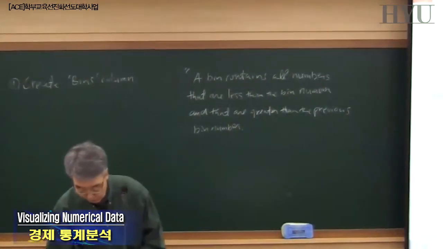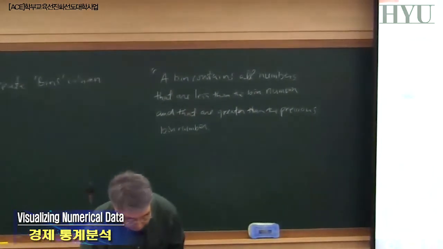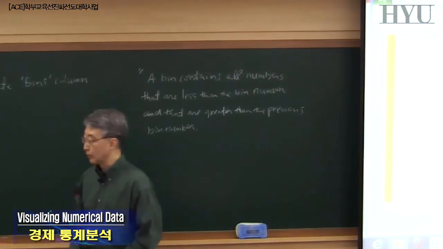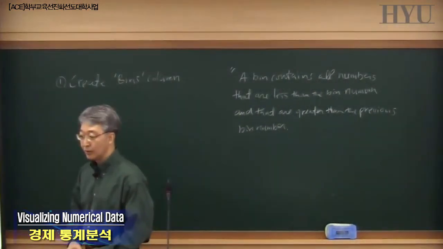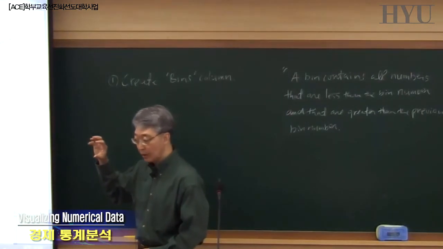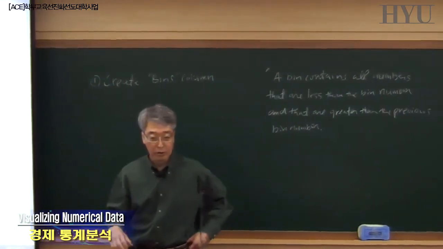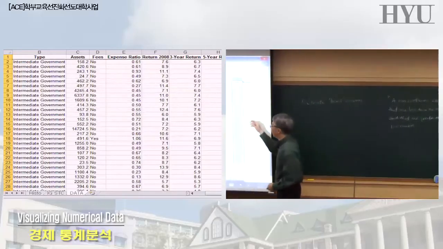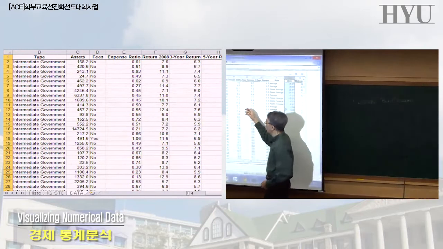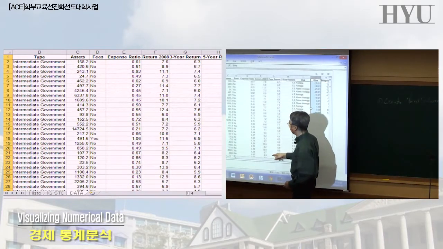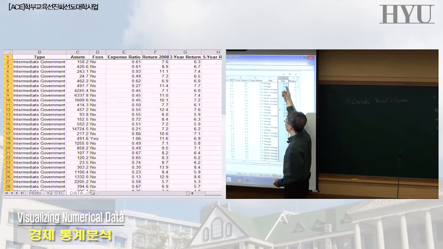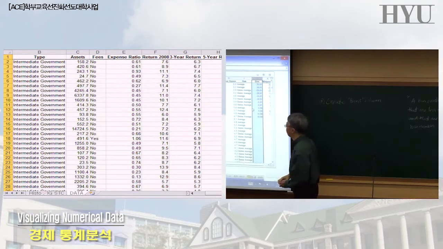So what we are going to create here is something like this. Somebody already created bins for us. Okay? And Excel needs this column, okay, to create a chart or histogram. Okay? And apparently, if you look at the actual return numbers, okay, some numbers are negative, okay, because the smallest number is negative 35.01.